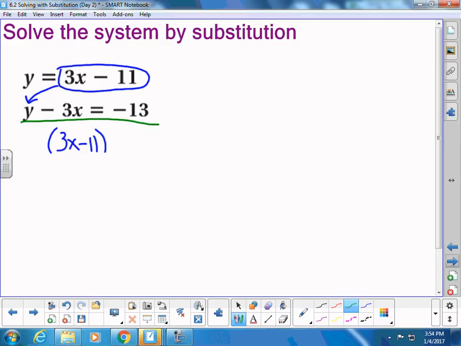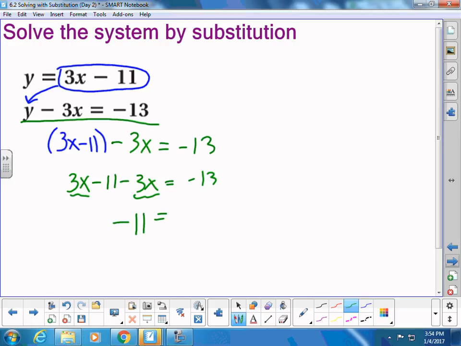So I have y, 3x minus 11, minus the 3x equals negative 13. So this one I don't have anything to distribute, but I have 3x minus 11 minus 3x equals negative 13. Combine my like terms, 3x minus 3x, that's no x's. So I have negative 11 equals negative 13.